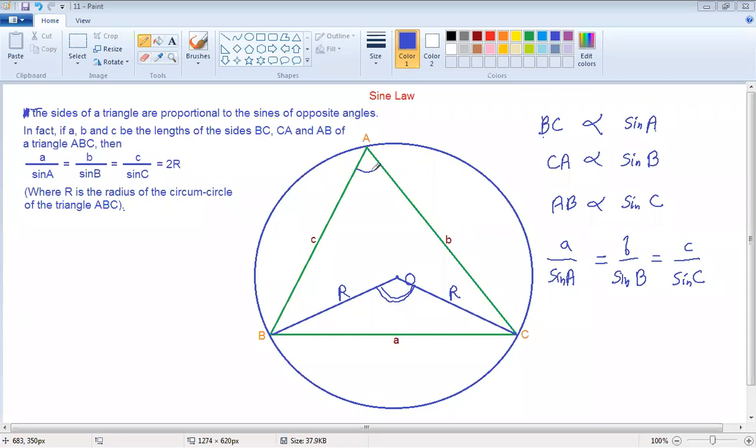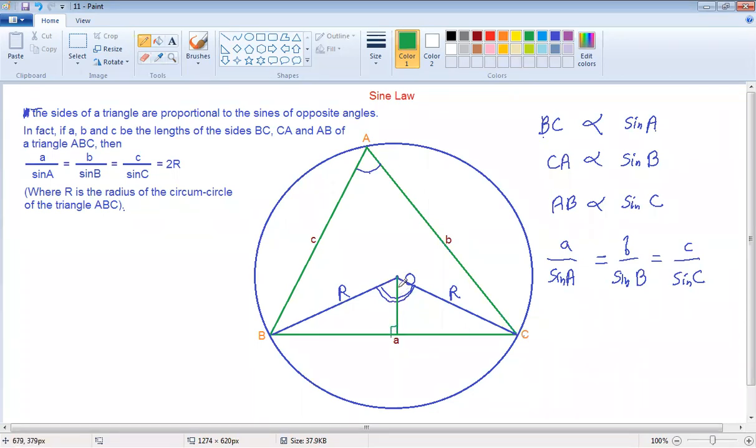Angle O is twice of angle A. It is twice of A. If I draw a perpendicular from O to BC, then it makes the chord BC half.